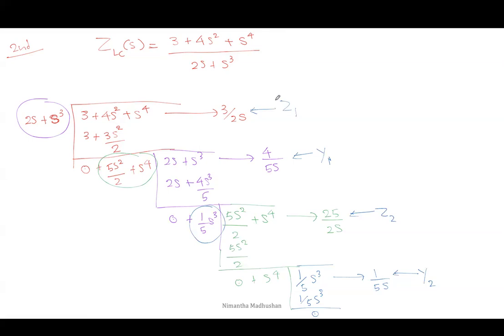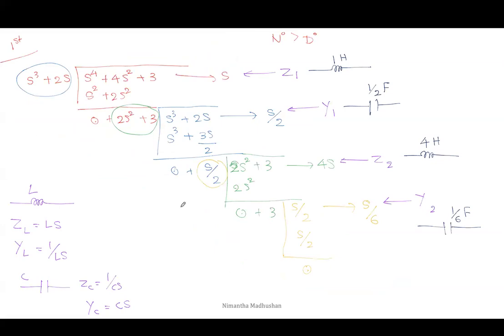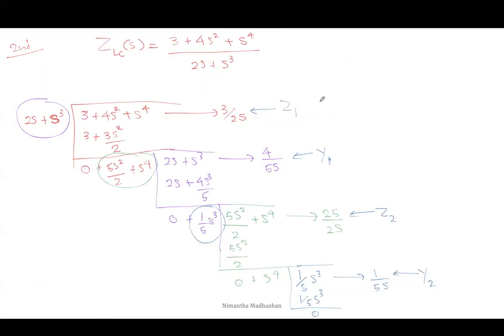If I consider the Z1, it is more like a capacitor. It's a capacitor. Value is 2 over 3. And when I consider the Y1, it is an inductor.